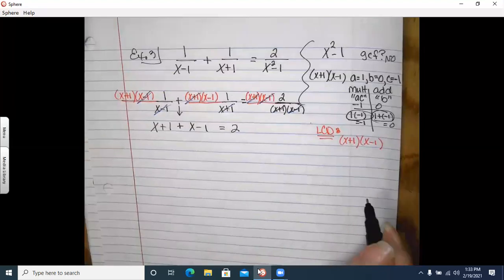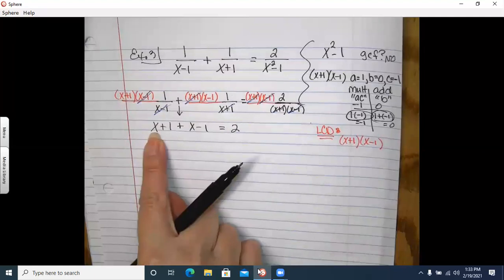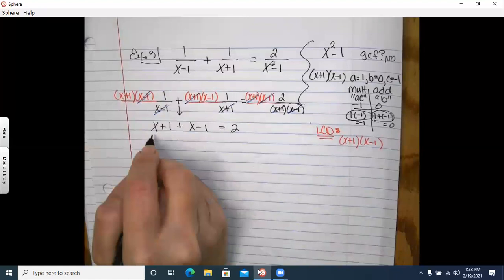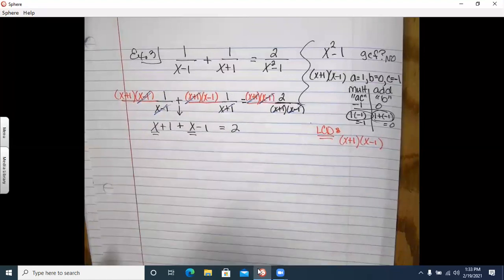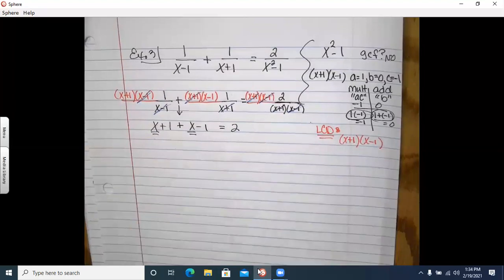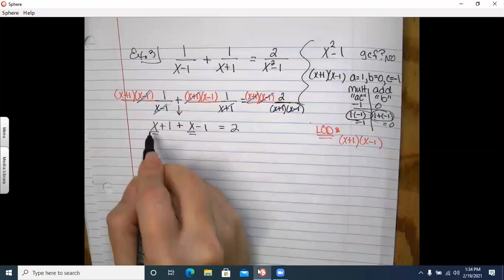Okay, before I start moving stuff around, on the left side, do I have any like terms that I can combine? Yeah. So what's the highest degree of any of those terms? 1. X is to the first, X is to the first. So those are like terms, right? What is X plus X? No, X times X is X squared. 2X. Remember, you just add the coefficient. 1 plus 1 is 2.